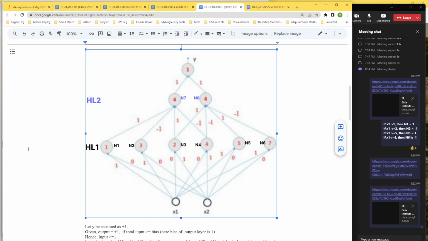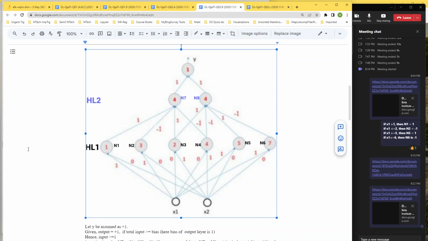If you put n7 as -1 and n8 as +1, then the total input is going to be 0, and it will not be satisfied. So n7 is going to be 1 and n8 is going to be 1.